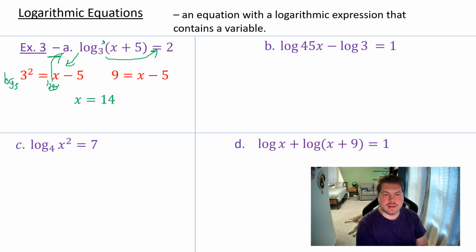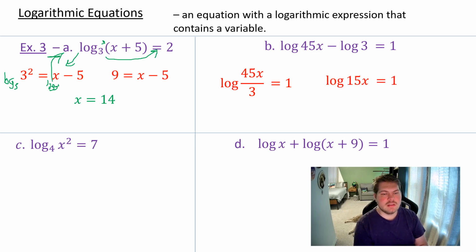Now the next one, we're subtracting them. If you remember, when we subtracted logs with the same base, we can divide. So we can actually do 45x divided by 3. 45 divided by 3 gives us 15. And then we want to get rid of our log.